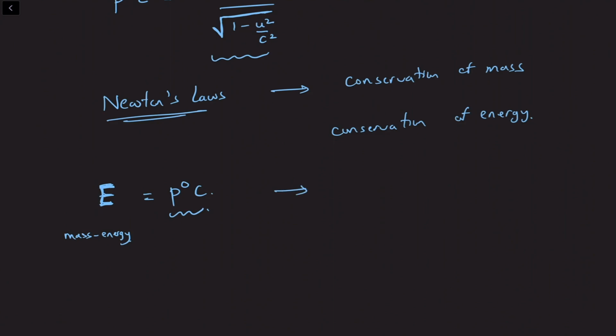In special relativity, the generalization of Newton's laws tells us that there is only one conserved quantity, a generalized conservation of mass energy, or sometimes this is just called energy.